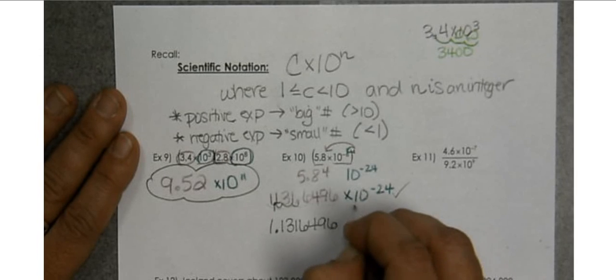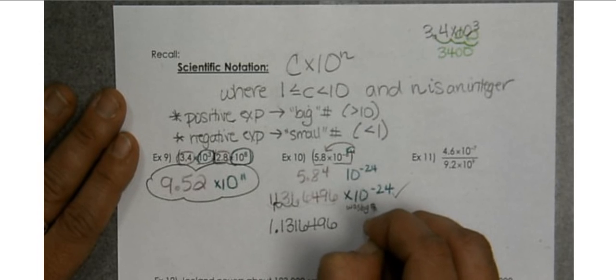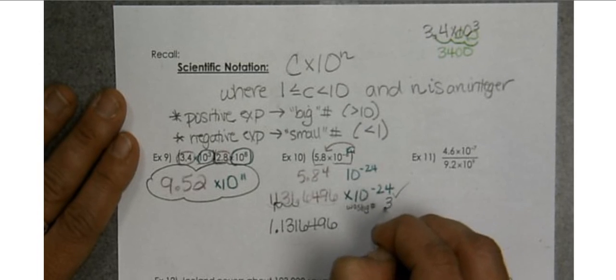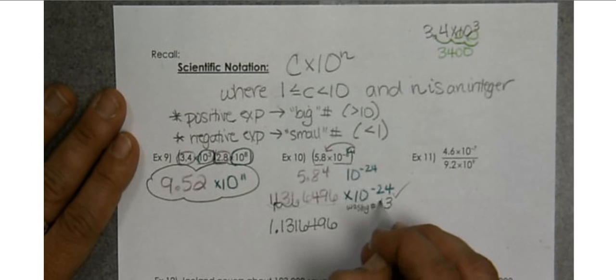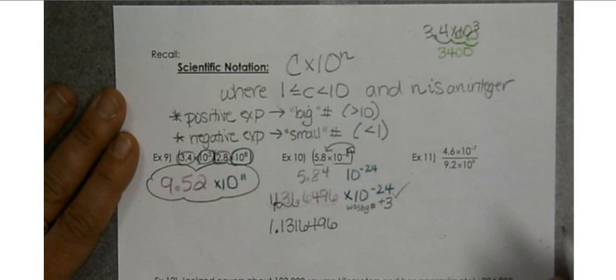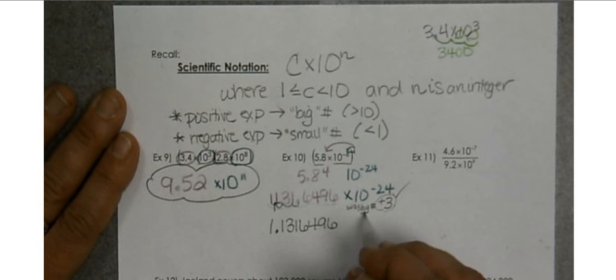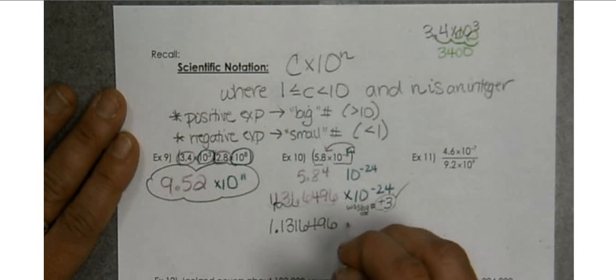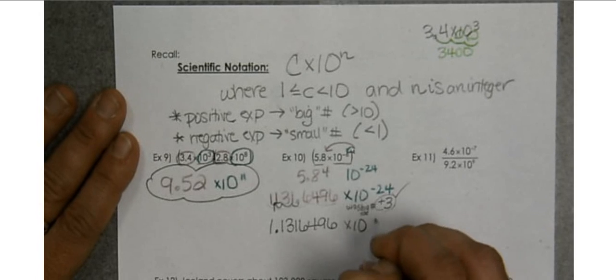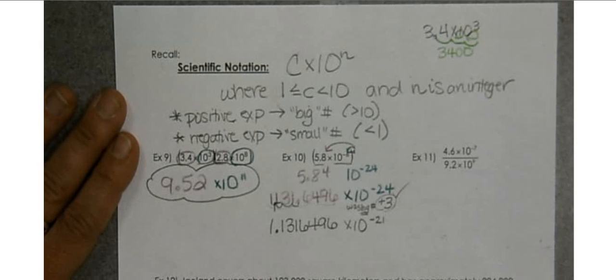Since this was a big number that we were changing, we're going to change this exponent by 3, but we would need to add 3 because it's positive, because it was a big number. And so if we take negative 24 plus 3, that gives me negative 21. And so we'll end up with 1.1316496 times 10 to the negative 21st power.